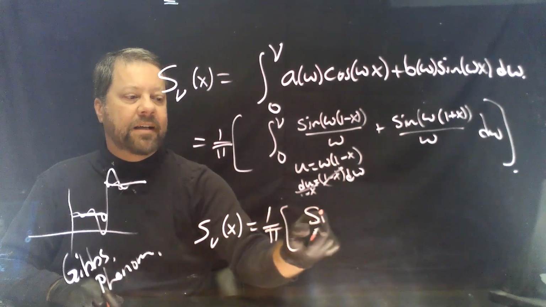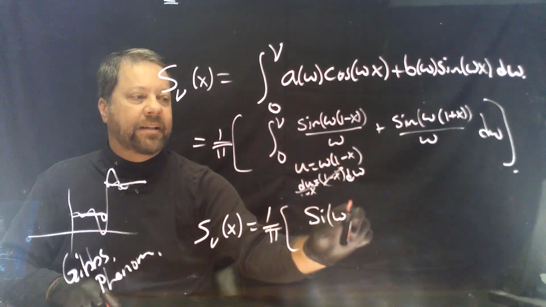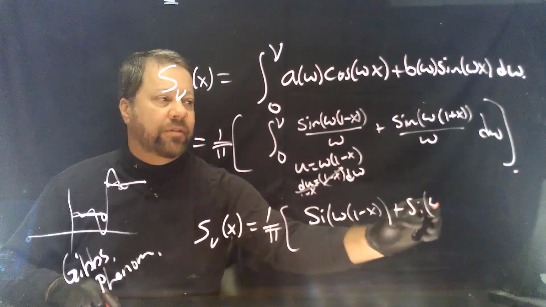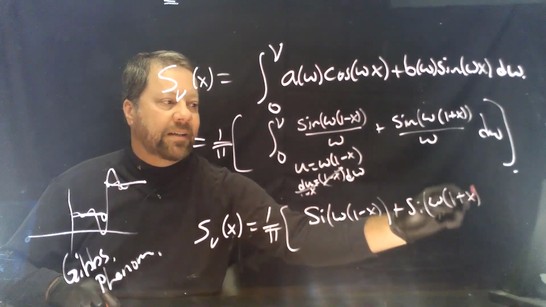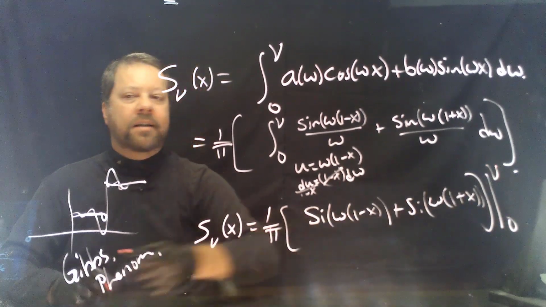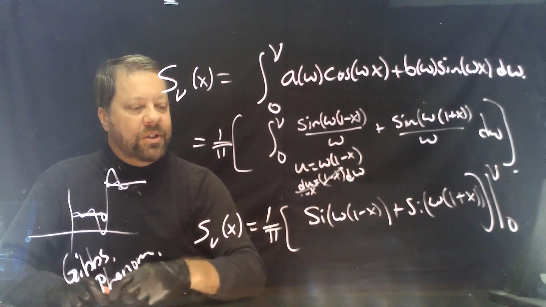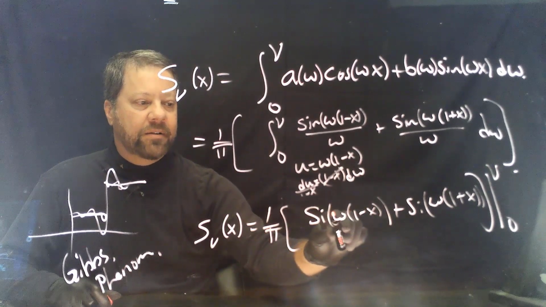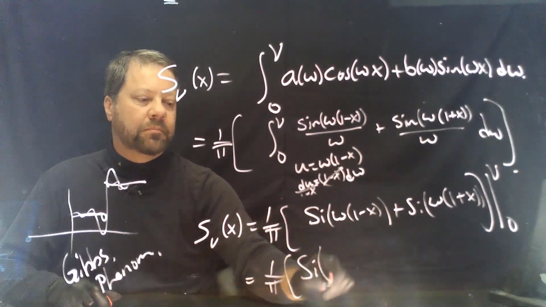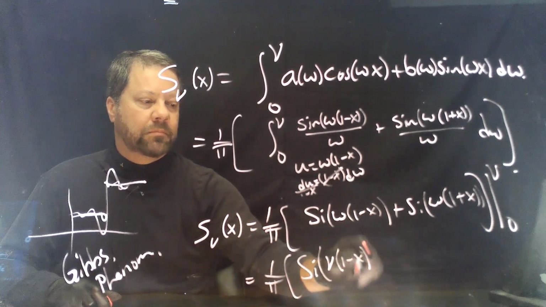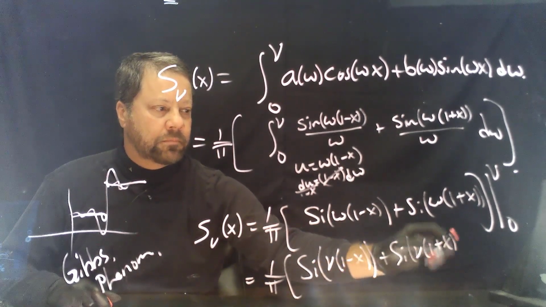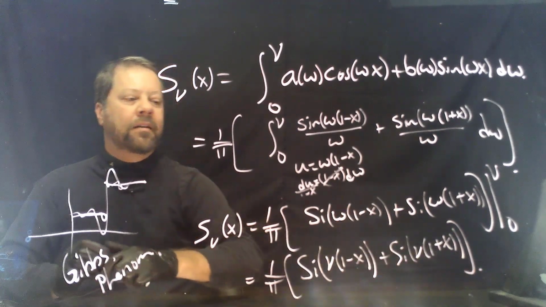It's going to be the sine integral of omega times 1 minus x, and then plus the sine integral of omega times 1 plus x, and we're evaluating from 0 to nu. Sine integral of 0 is 0 again, so you just end up with nu plugged in here and here, as an approximation.